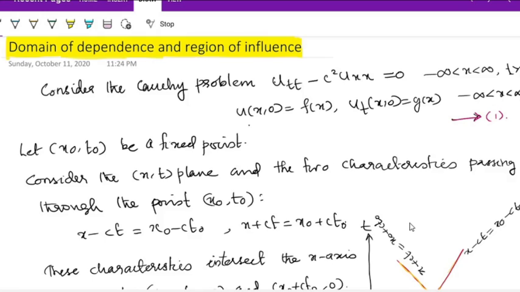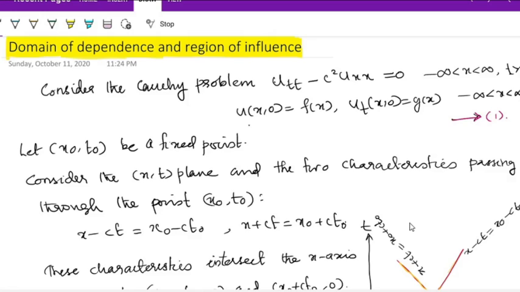Now let's examine what information actually determines the solution u at a fixed point (x0, t0). So let (x0, t0) be a fixed point. Now consider the xt plane and the two characteristics passing through the point (x0, t0).